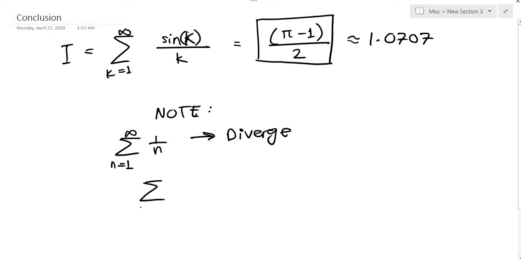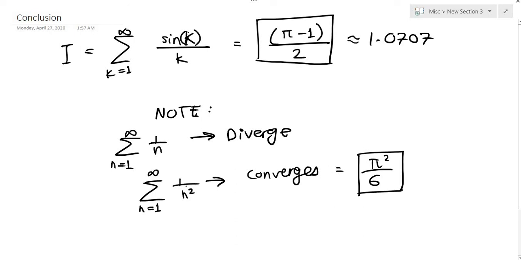But if you just square it, the series from n equals 1 to infinity of 1 over n squared, well, this converges, right? And we actually know the answer to this: pi squared over 6.